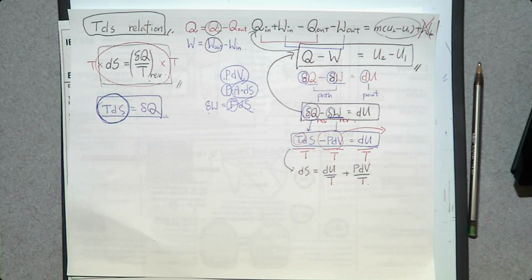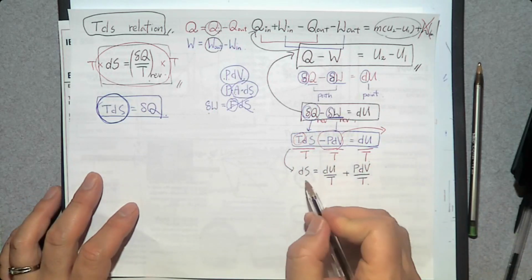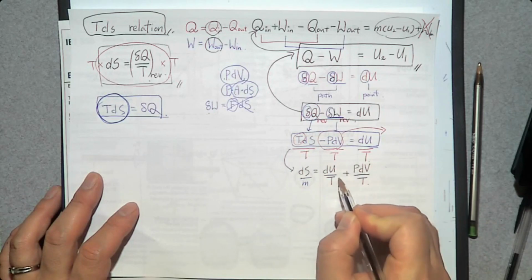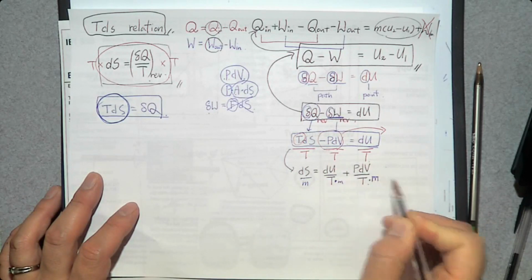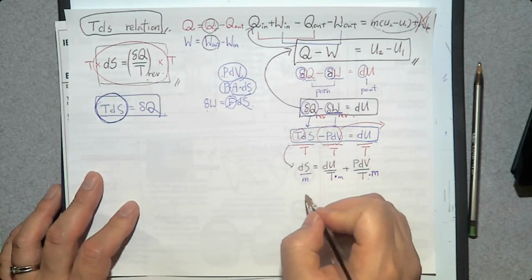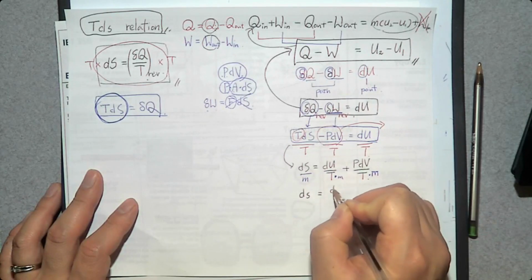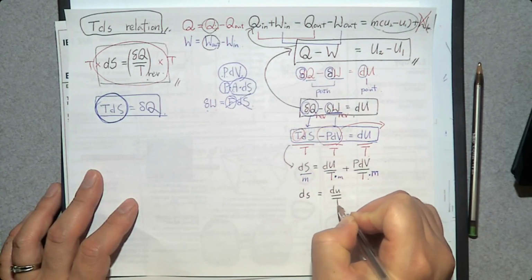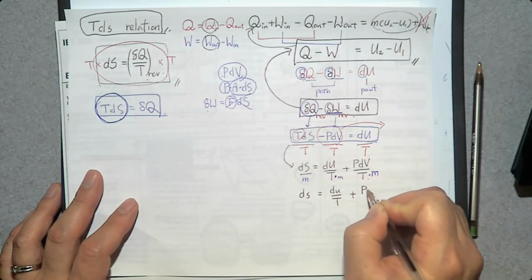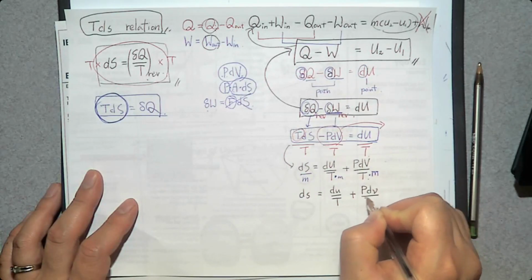Divide by mass. Then what do you get? Lowercase ds is du over T plus PdV over T.